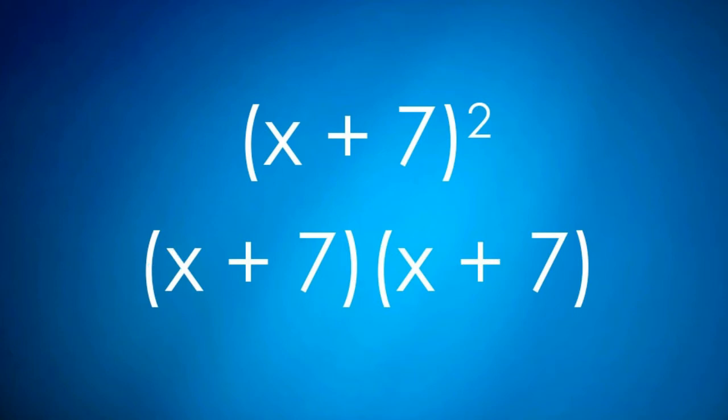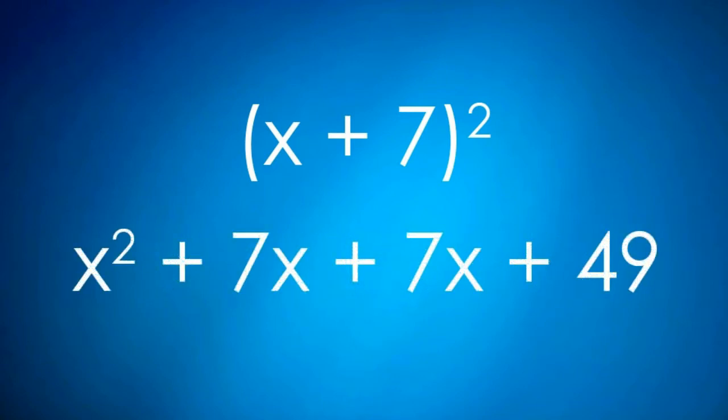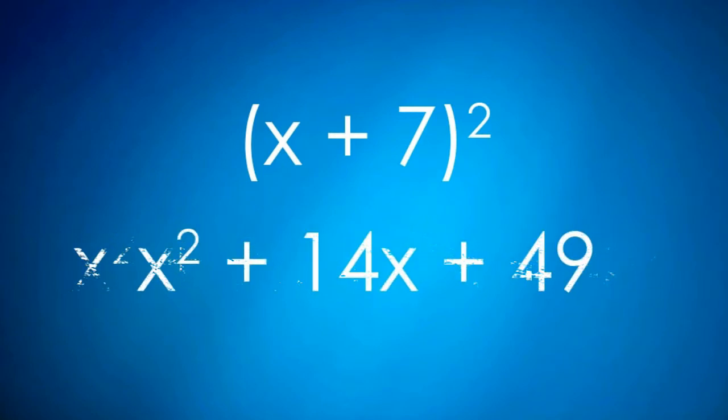This equation is equal to quantity x plus 7 times quantity x plus 7 when expanded. By using the FOIL method, the equation will be equal to x squared plus 7x plus 7x plus 49. Combining similar terms, the equation will be equal to x squared plus 14x plus 49, since 7x plus 7x is equal to 14x.